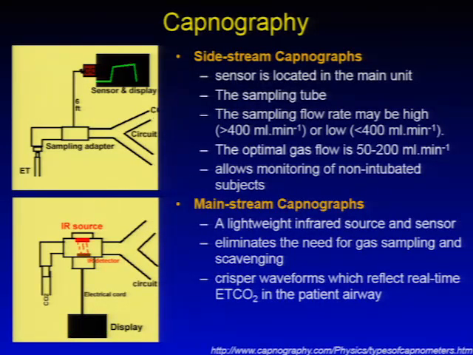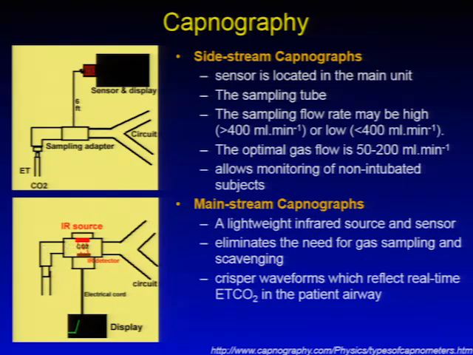You have two kinds of capnography. One is sidestream capnography, which is the usual adult type for general anesthesia. And also you have mainstream capnography, which is sometimes applied for the pediatric population.